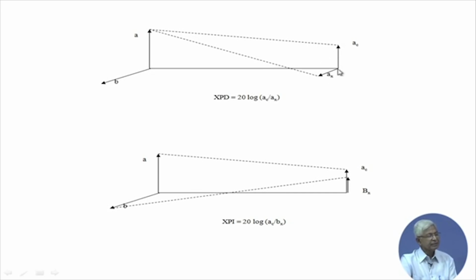So, if there is an x component coming, that is cross pole component coming over the copole, the cross pole discrimination is defined as 20 log Ac by Ax, in dB, and cross pole interference is 20 log Ac by Bx, when B is transmitted, its cross pole component is Bx. So, actually XPI gives us how much interference is occurring.